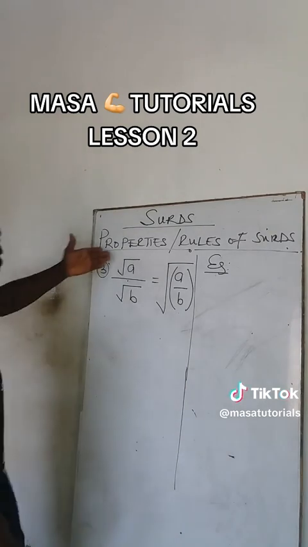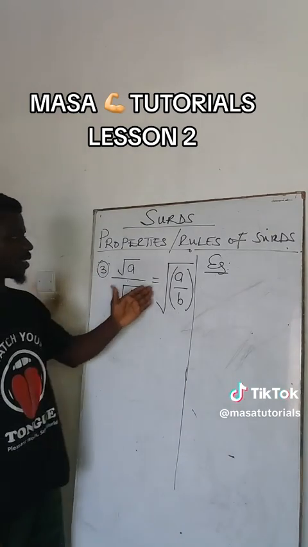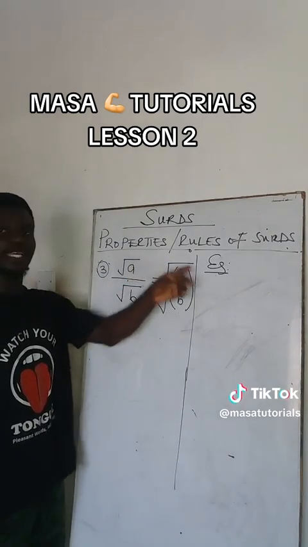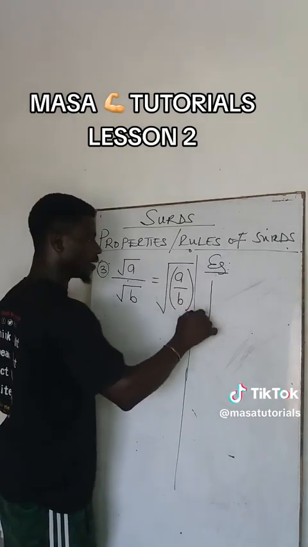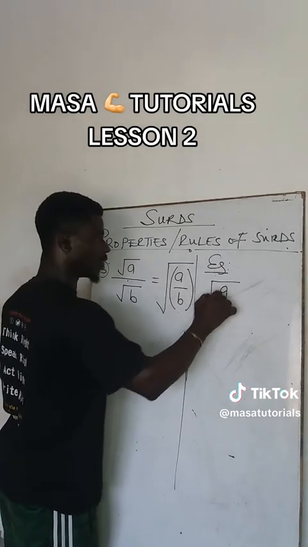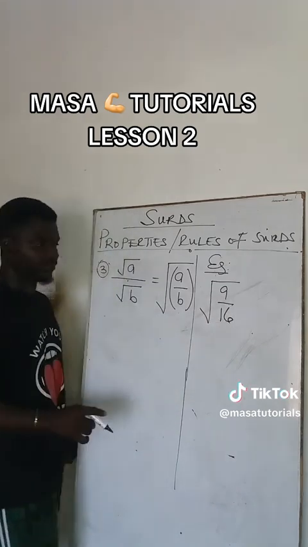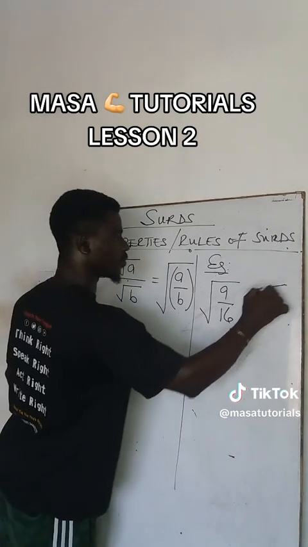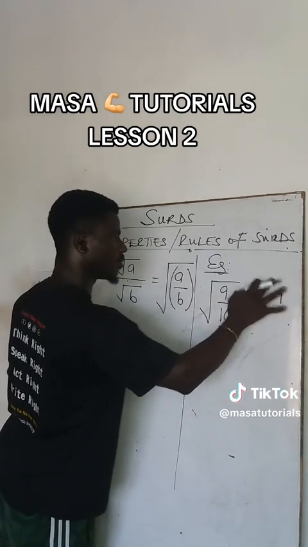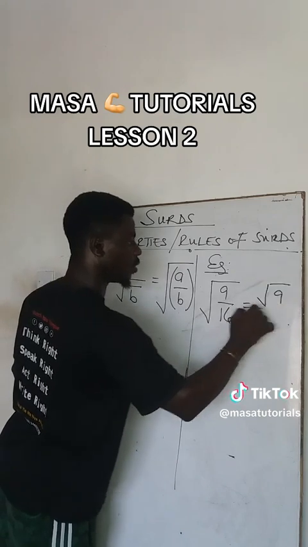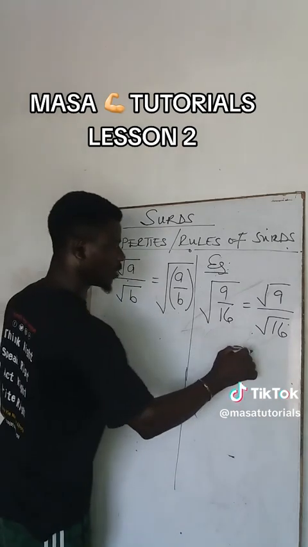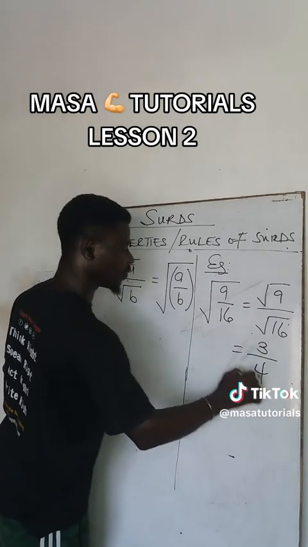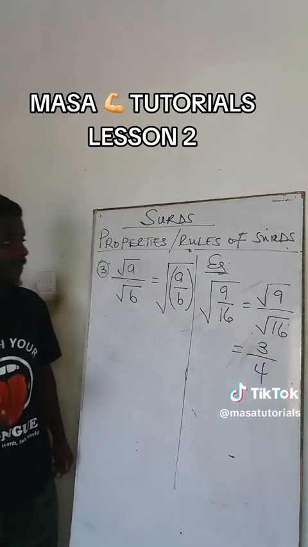So now, square root of A divided by square root of B can be written as A over B in one square root. An example we can have is square root of 9 over 16. This is the same thing as square root of 9 all over square root of 16. Square root of 9 is 3, over square root of 16, which is 4.